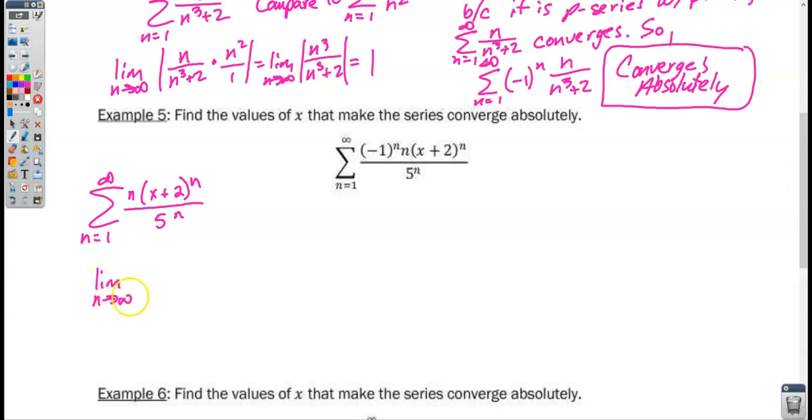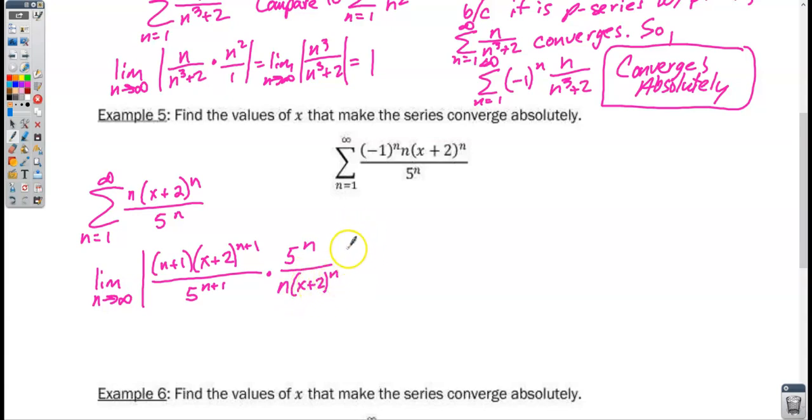We'll use the ratio test, limit as n goes to infinity of quantity n plus 1 times quantity x plus 2 to the n plus 1 all over 5 to the n plus 1 times the reciprocal of the nth term. This turns into the limit as n goes to infinity of the absolute value of n plus 1 over n times, we've got an x plus 2 in the numerator and a 5 in the denominator.